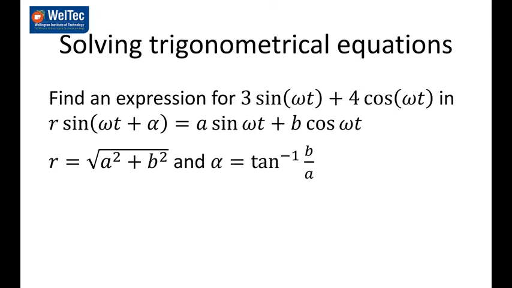Using the trigonometrical identities that we used before, we can do some algebra and figure out that we can combine two expressions providing these bits are the same, and we can rewrite it as r sine omega t plus alpha, and we work out r as being the square root of a squared plus b squared, and alpha as being the inverse tan of b over a.